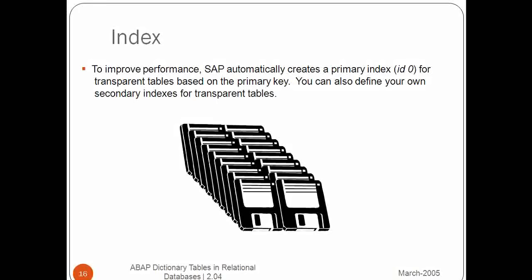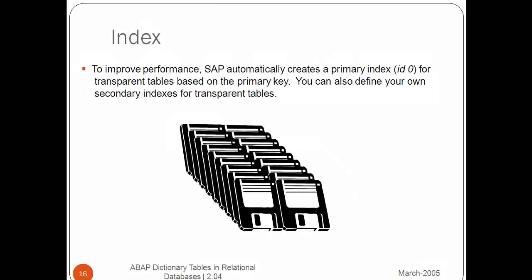Now the next important topic is index. What exactly is an index? The basic concept of an index: suppose I pick the Airtel example again. This is a table and I know that this table holds the records of your address.